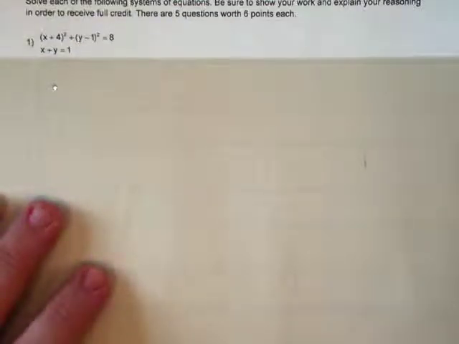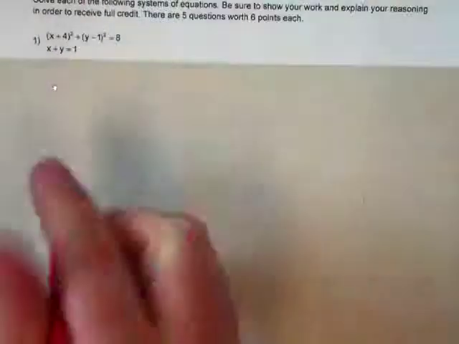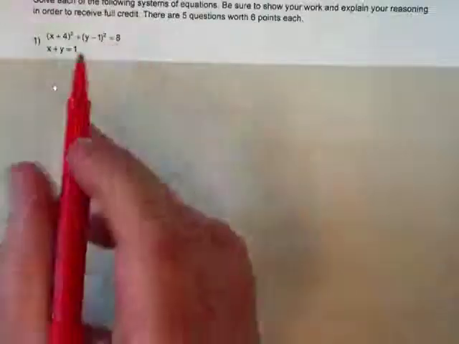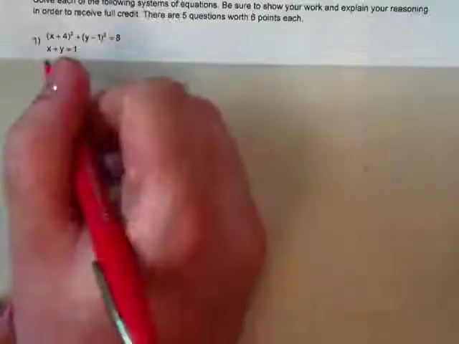Okay, number one. We see that we have that equation, and we've got to combine all the terms in this top one. So we have to FOIL these two out. We need just a quadratic equation.